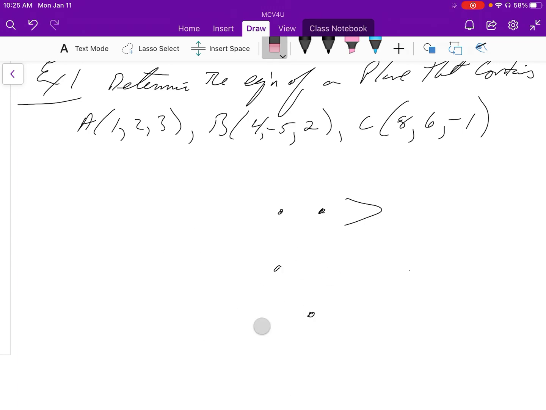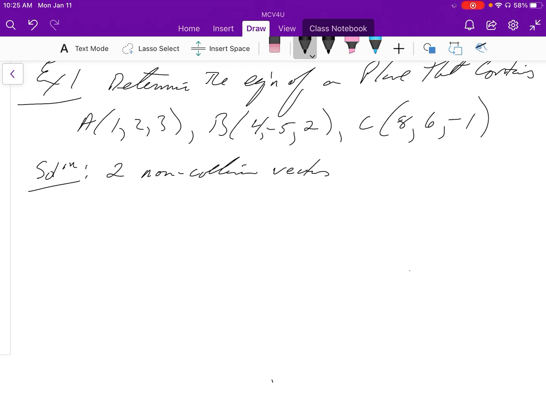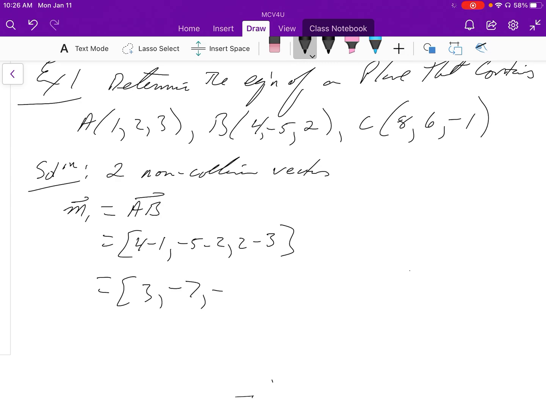So what we need to do is find our direction vectors: 2 non-collinear, non-zero vectors between A, B, and C. Let's say our first direction vector is AB. We end up with 4 minus 1, -5 minus 2, and 2 minus 3, so that is 3, -7, -1.